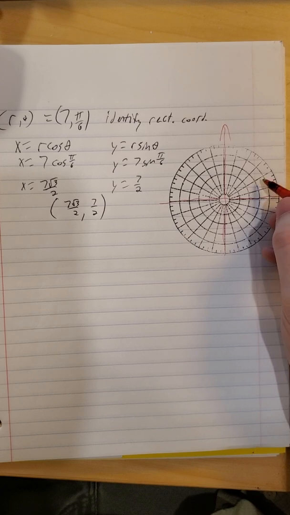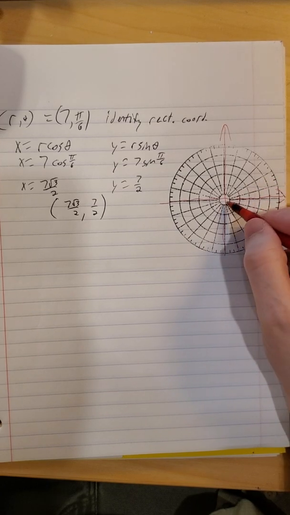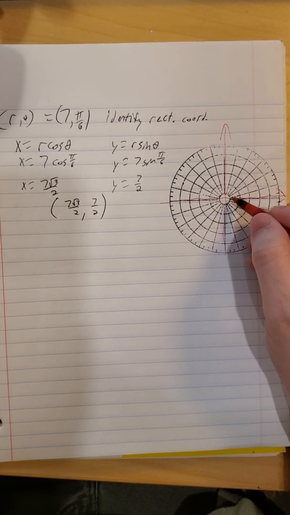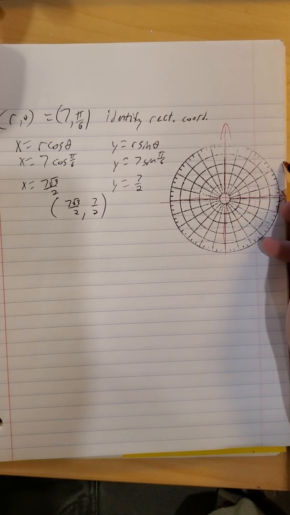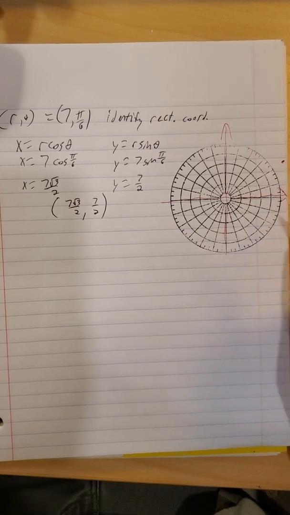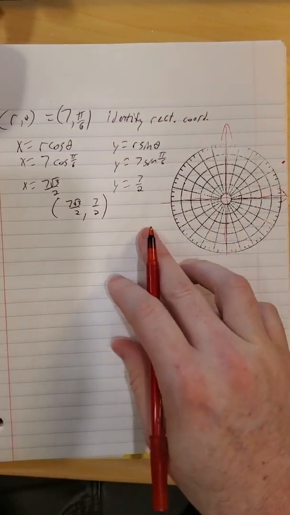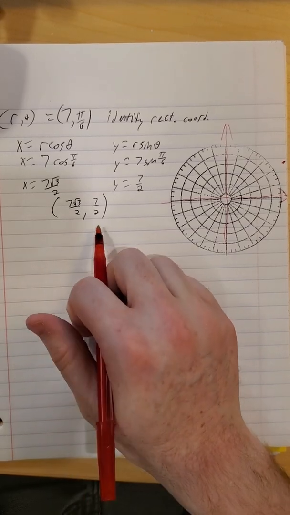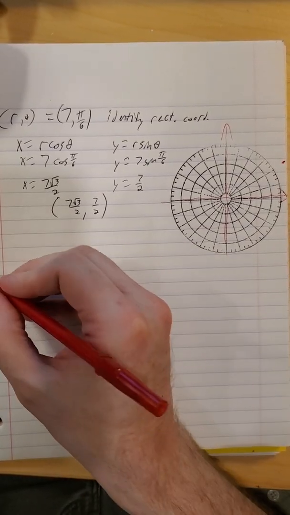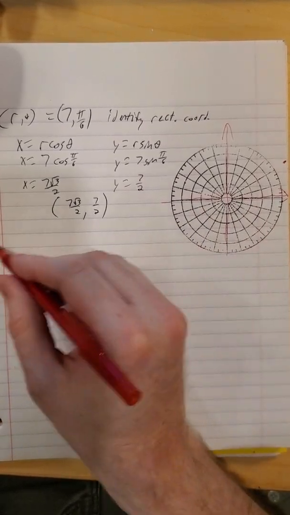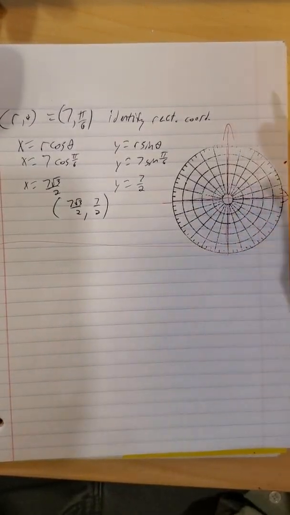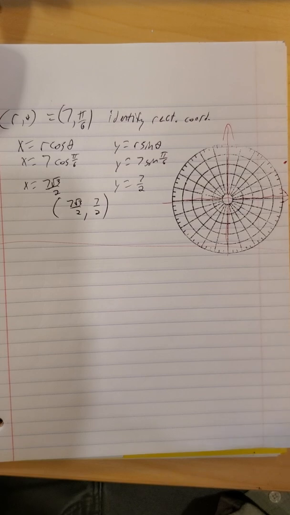So 30 degrees and a radius of 7. So 1, 2, 3, 4, 5, 6, and so 7 would be just a little bit off. So we're in Q1 as expected, positive, positive. And it does seem to fit about 3.5 units right. Or, my apologies, 3.5 units up.